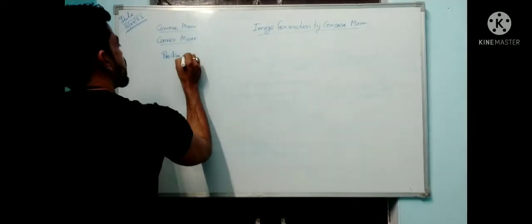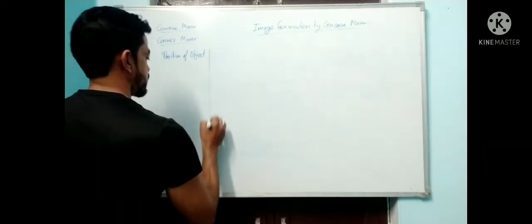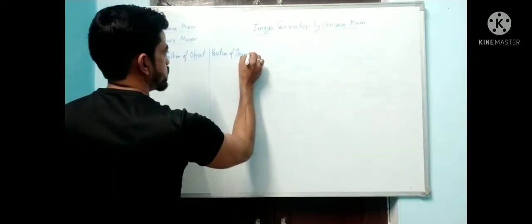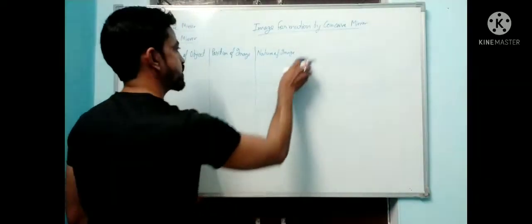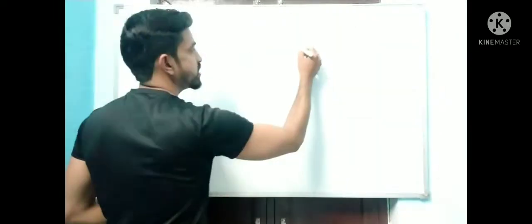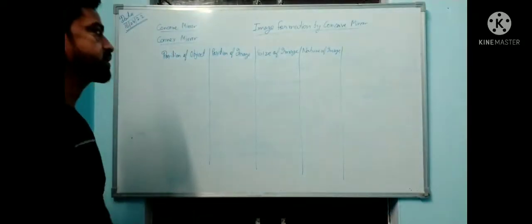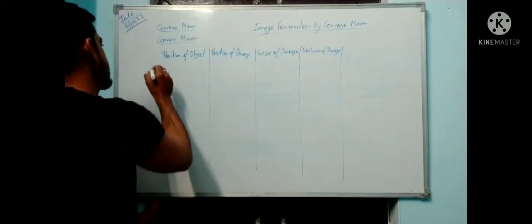Here we write position of object, where we put it, position of image, where it's formed, nature of image. इसे हम बाद में भी लिख सकते हैं, नेचर ऑफ इमेज को, साइज ऑफ इमेज, किस साइज का बनेगा, साइज ऑफ इमेज, एंड लास्ट वन नेचर ऑफ इमेज। खाली सी जगह में लास्ट में we draw the diagram। टेबल कुछ ज्यादा ही बड़ा बन गया, leave it.